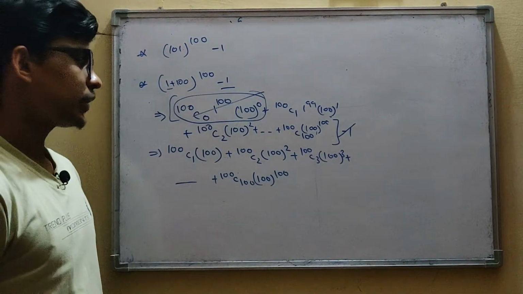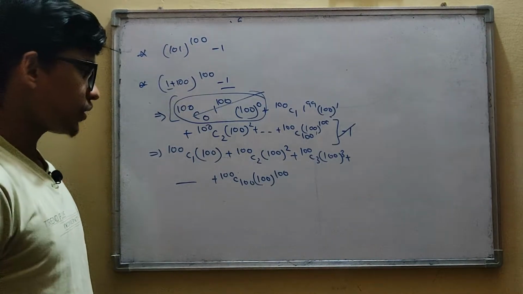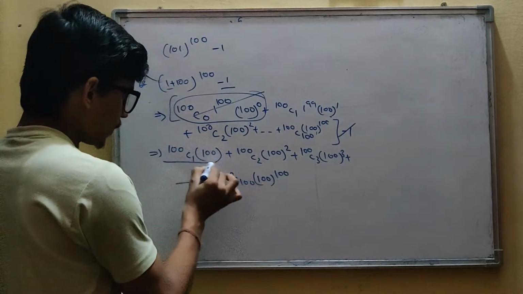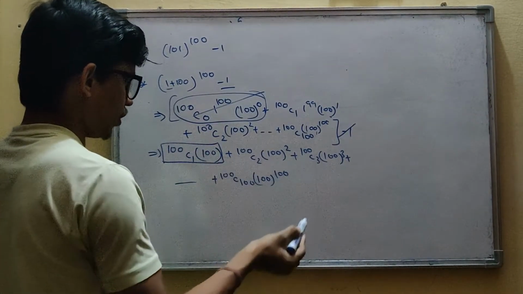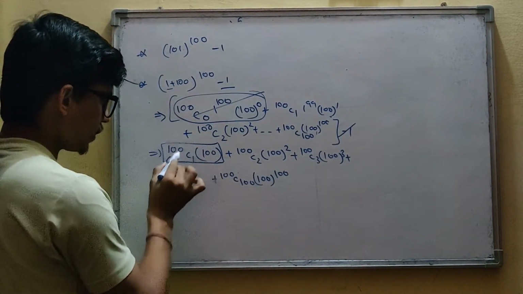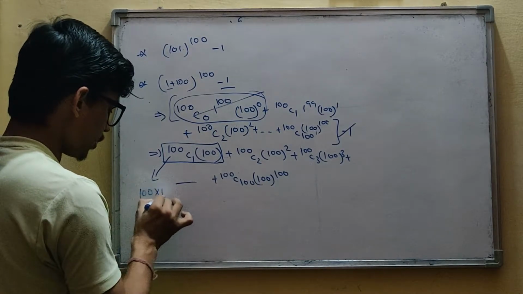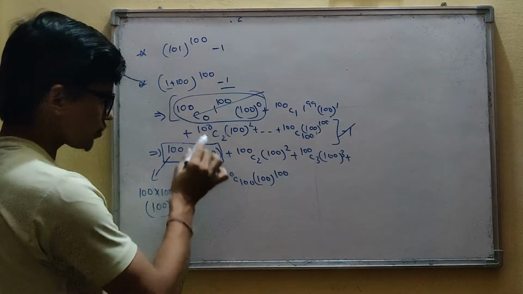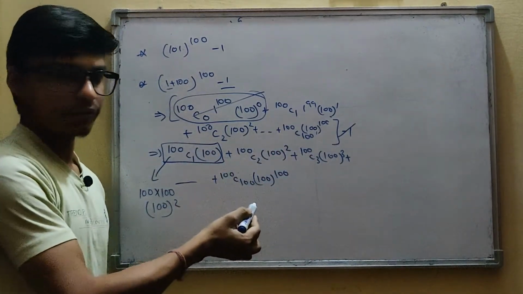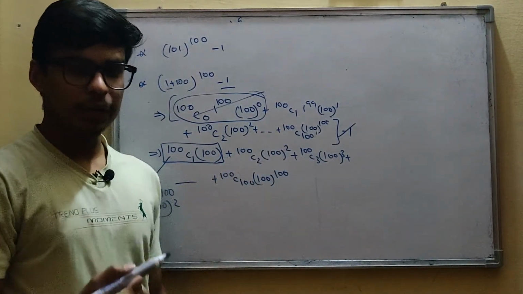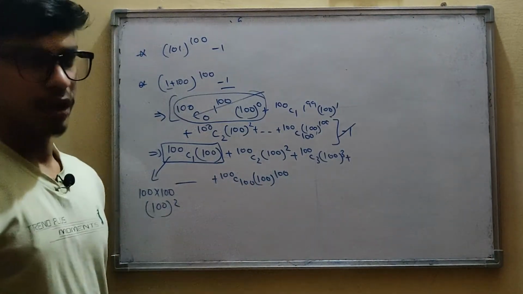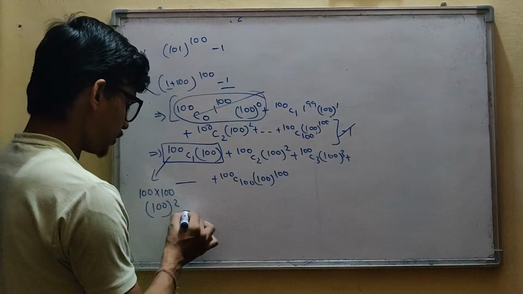Now they are asking which is the maximum value by which you can divide it. If you look, this term is common among all, because 100C1 into 100 is 100 square. So 100 square is common among all, so the maximum term that you can take common from this expression is 100 square, which is 10,000.